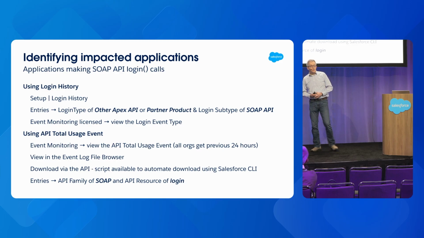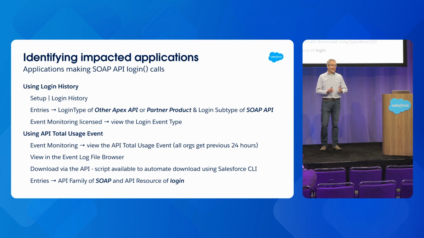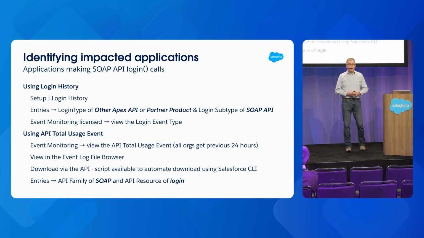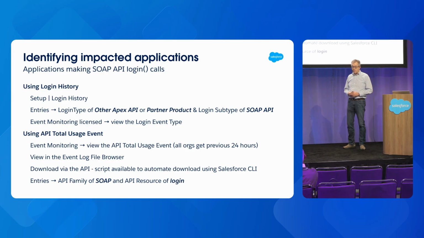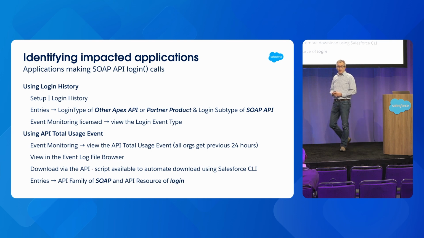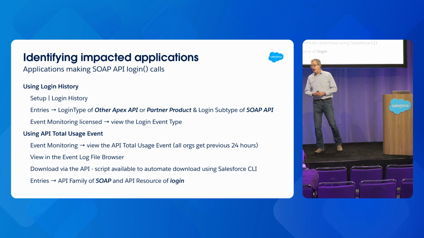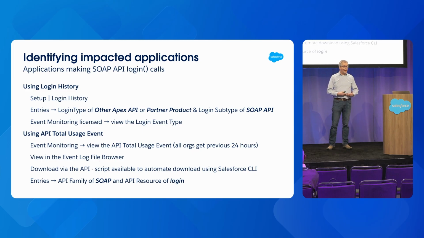It will generate a CSV file containing all of those events. Alternatively, we do provide a Python script that is available so that you can automate the download of these event log types. That script is specifically set up so that you could run it daily, and it will download all of these API usage events.